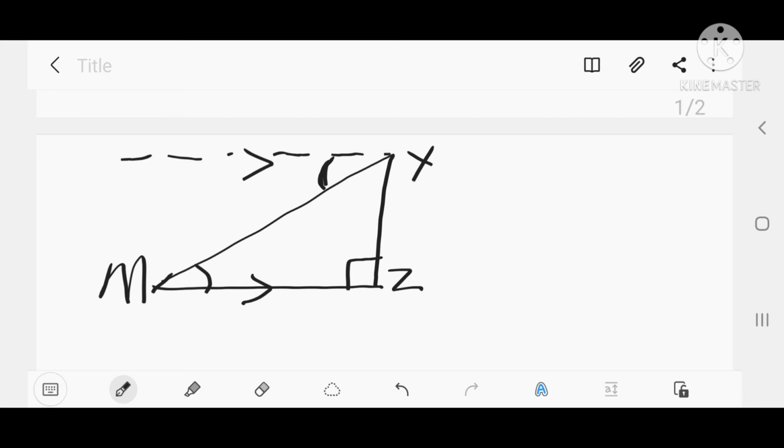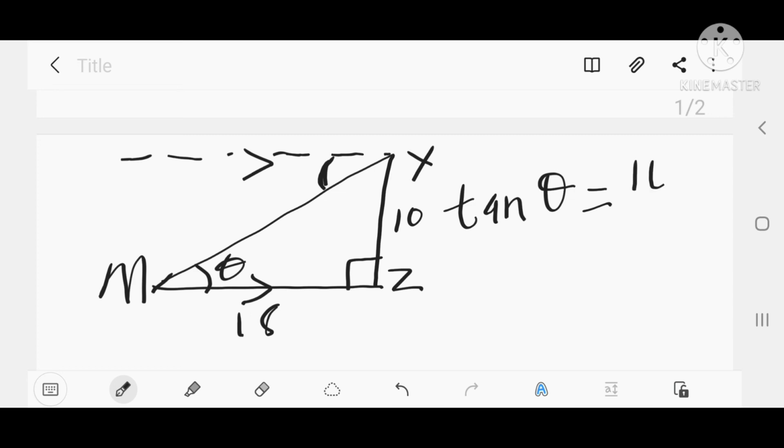So at the bottom there, let's say this is theta. We have tan theta equal to the opposite over the adjacent. The opposite here is 10 and the adjacent is 18. So tan theta equals 10 on 18.